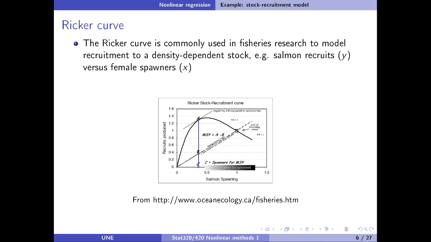And this is going to be because you might have a biological assumption that there's a fixed amount of food for the recruits to eat, and if there's too many recruits, a lot of them are going to starve, and basically the population's going to go over carrying capacity and it's going to crash.